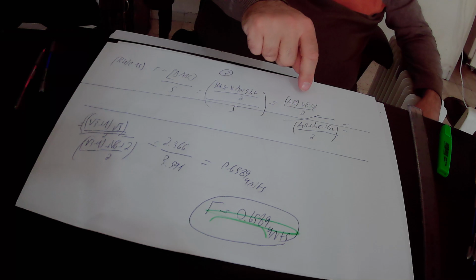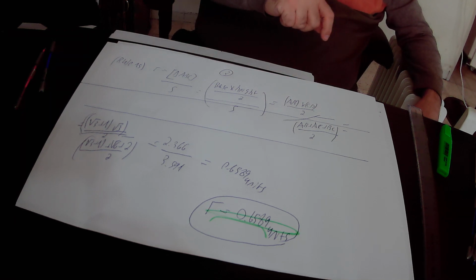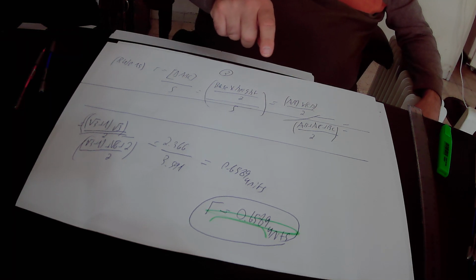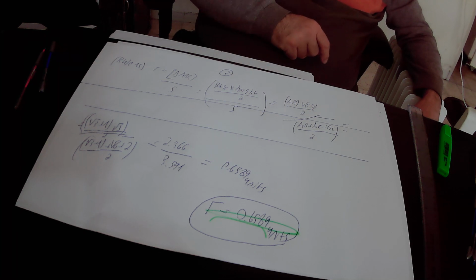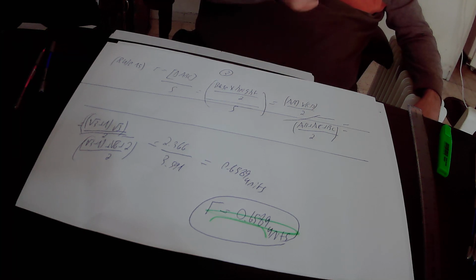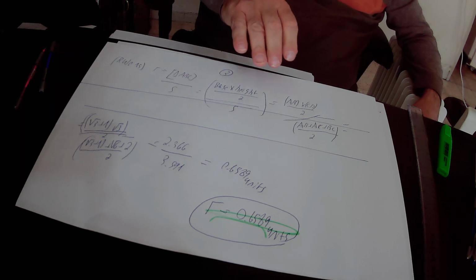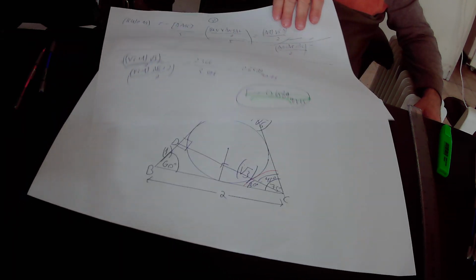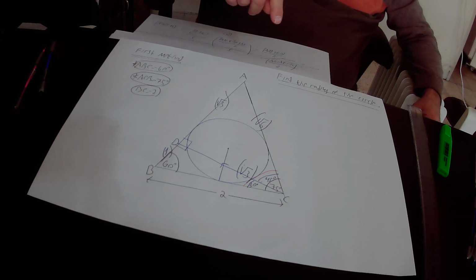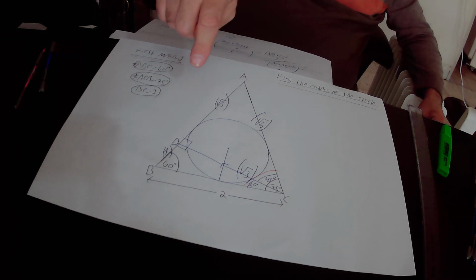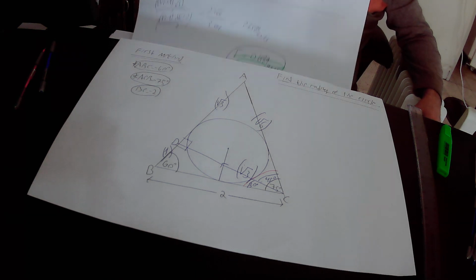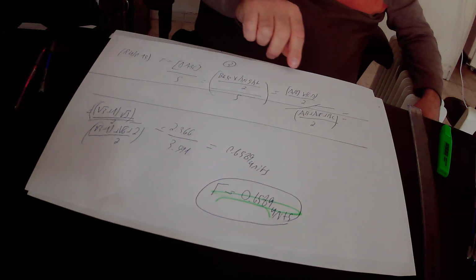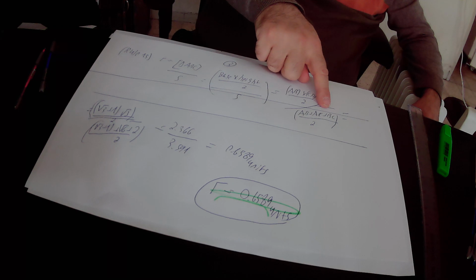So in total, this expression equals the area of triangle ABC, and we have to divide it by S, that is the semi-perimeter of the same triangle ABC. The semi-perimeter of any triangle is the perimeter over 2. That is to say, the semi-perimeter of triangle ABC equals AB plus AC plus BC over 2.